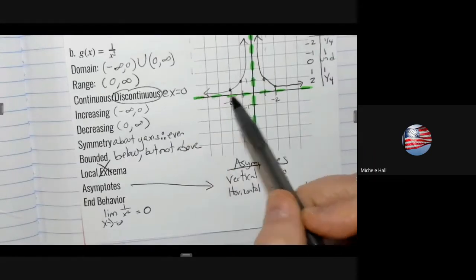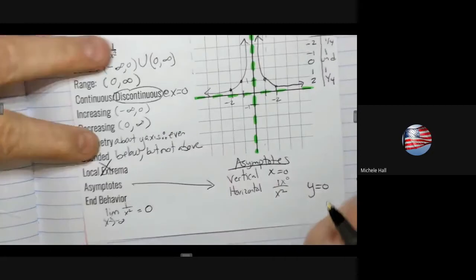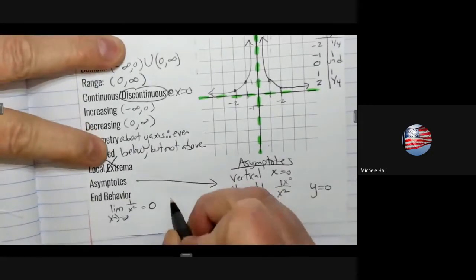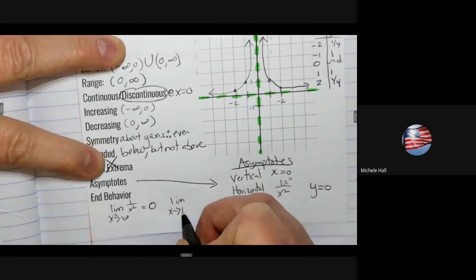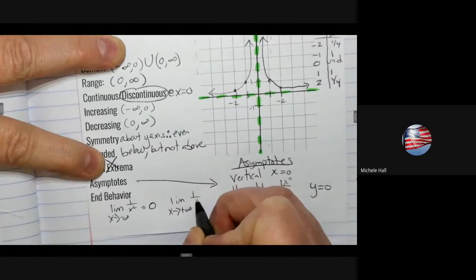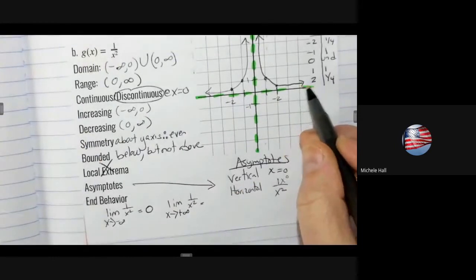It's riding along this asymptote at 0, so it's approaching 0. We would say that the limit as x approaches positive infinity of this function would also be approaching 0.